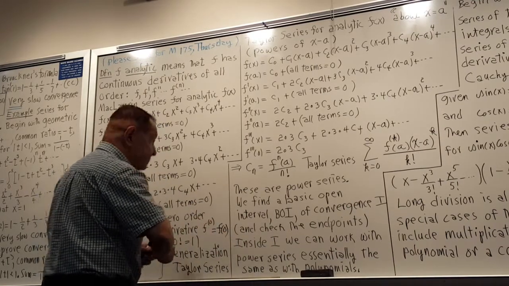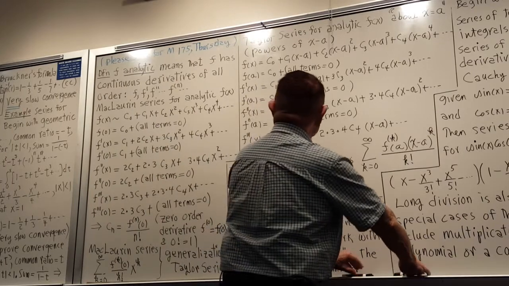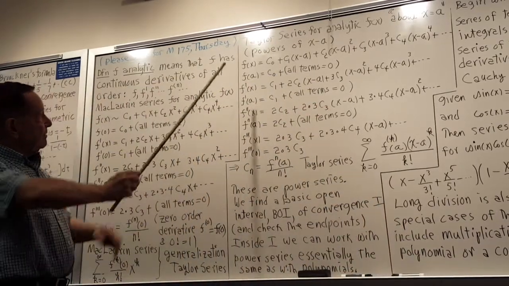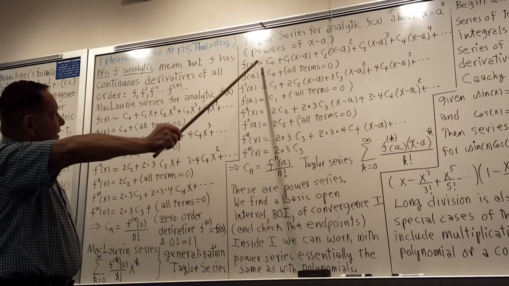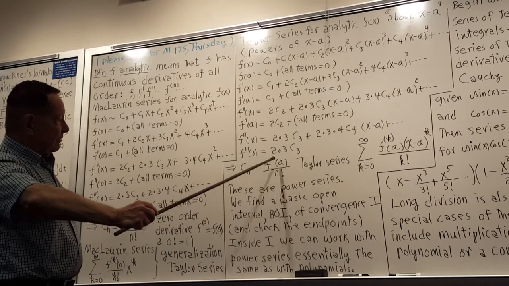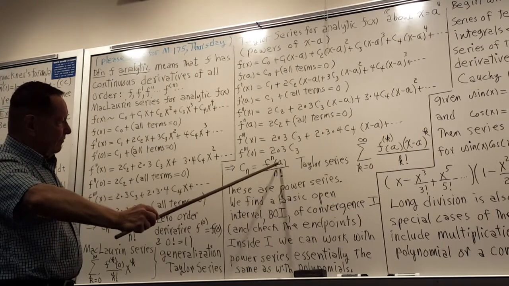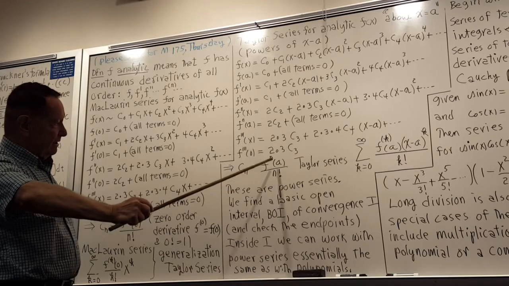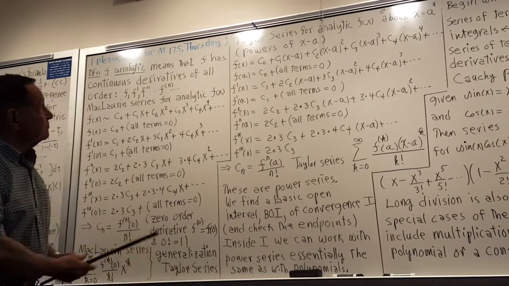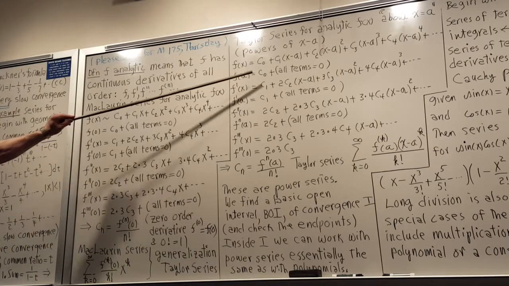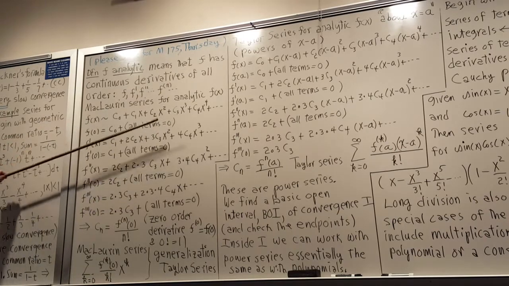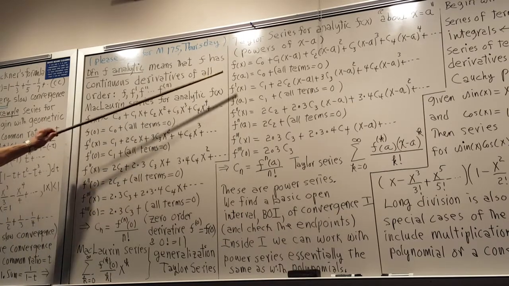Here, the C0 will be f of a, and my 0th order derivative when I get to the general formula would be f of a. Okay, so then differentiate, same game as with the Maclaurin series.